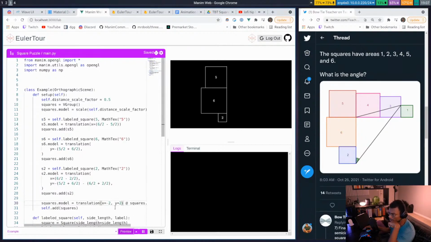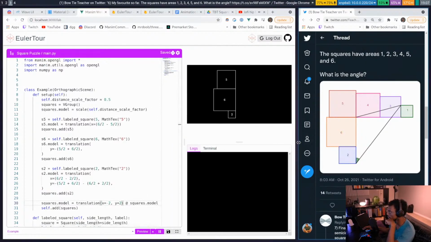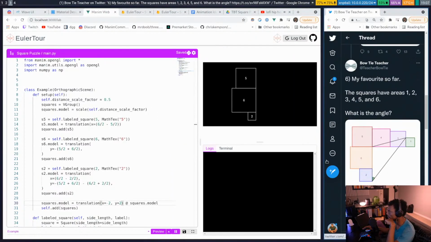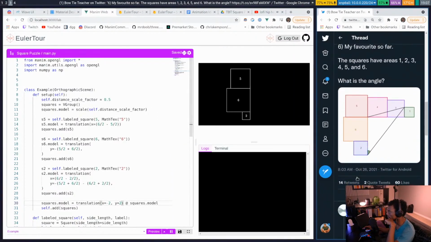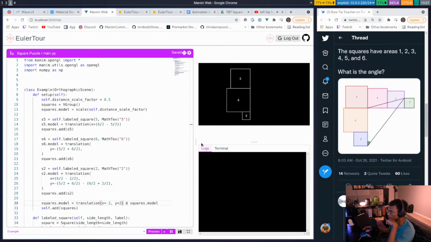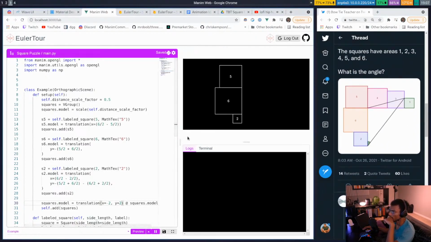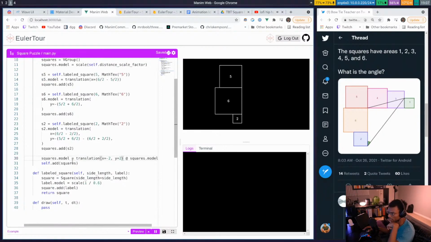Great. Okay, so now I need the 4, 3, and 1 squares. Should be pretty similar to this.